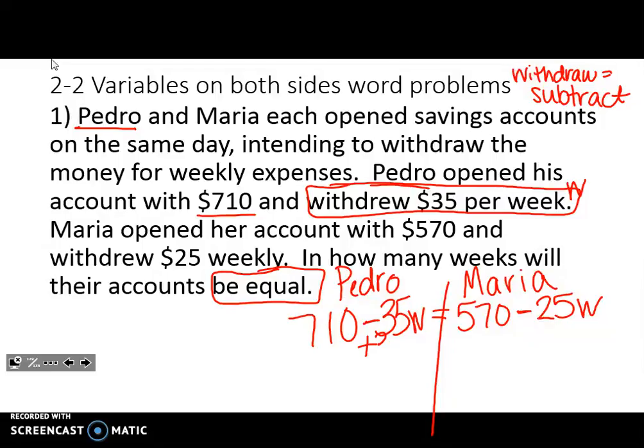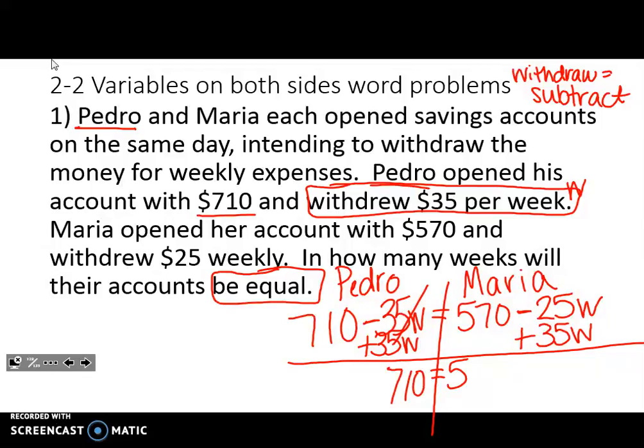I'm going to add the 35W to the negative 25W. I'm left with 710 equals 570. When you take negative 25 plus 35, you get positive 10W. Now this is just a two-step equation.